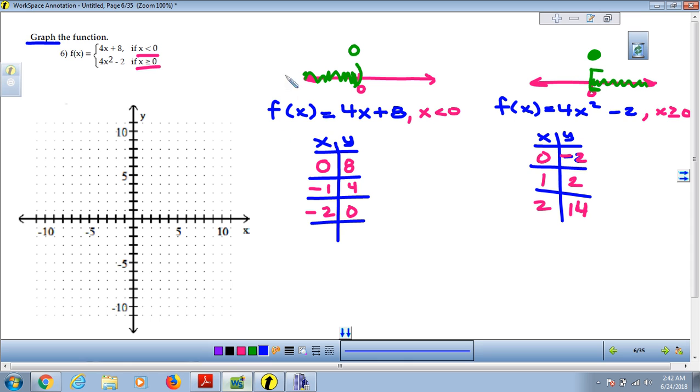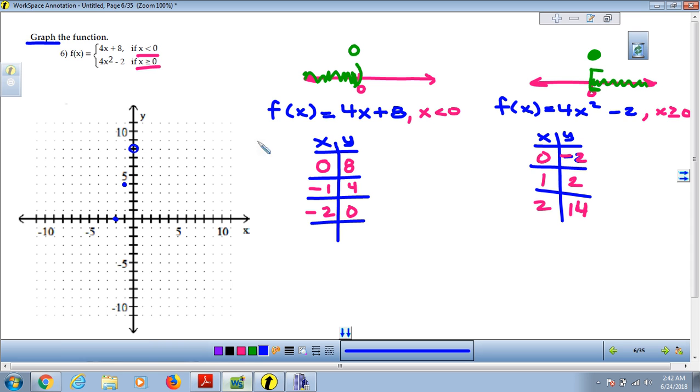So, for the 0, 8 point, for that point on the graph, I'm going to put an open circle at 0, 8. I put an open circle. I don't fill it inside, okay? Because of this symbol, because I don't have an equal sign. Then I'm going to put a regular dot at -1, 4, at -2, 0. Okay, and this is going to be a line.